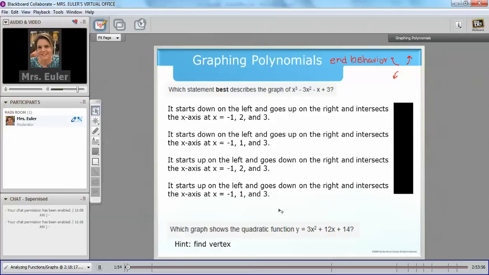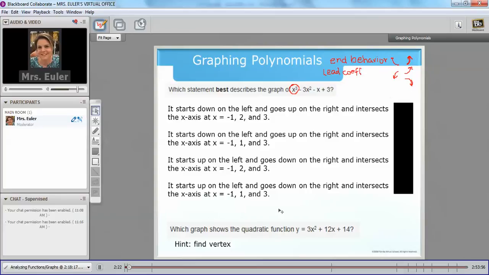And the way we determine the end behavior is by looking at this leading term here. The leading coefficient, the number in front of the variable, is going to tell us what the right side of the graph is doing over here, whether it's going up or it's going down. The right side of your graph comes from the leading coefficient.